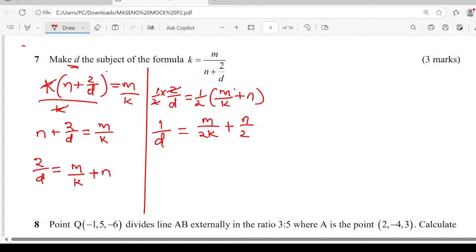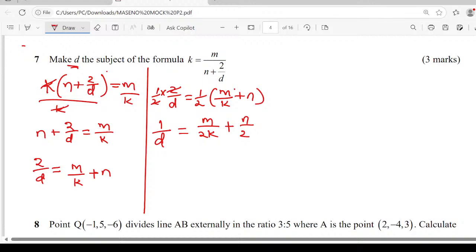All right. So when we reach here, just a moment, I'm cross-checking something here. When I divided through by k, that became m over k.